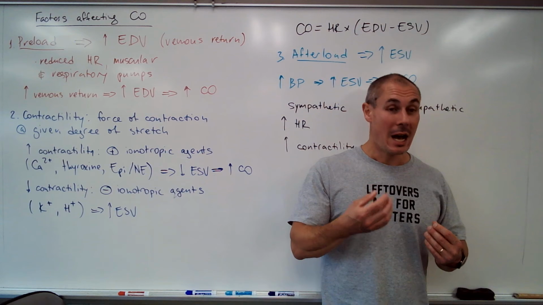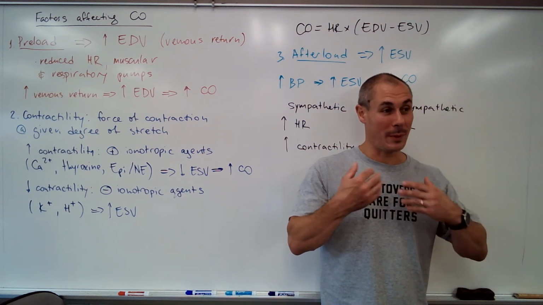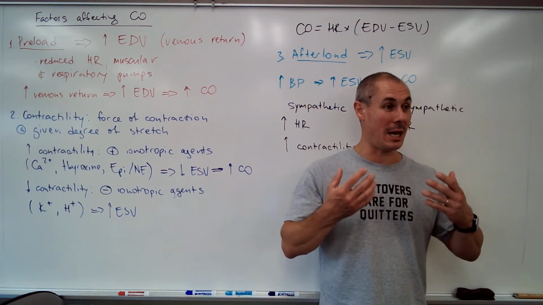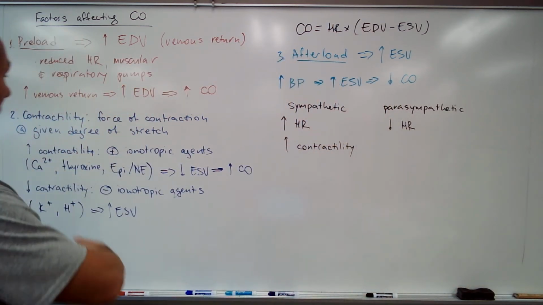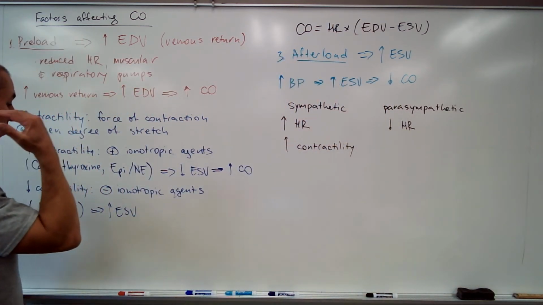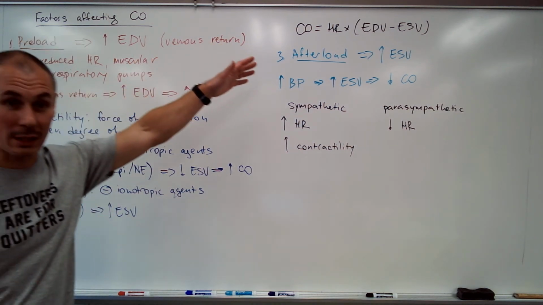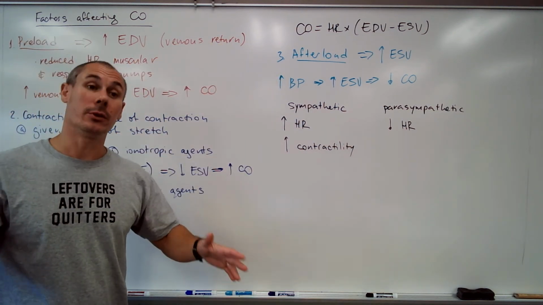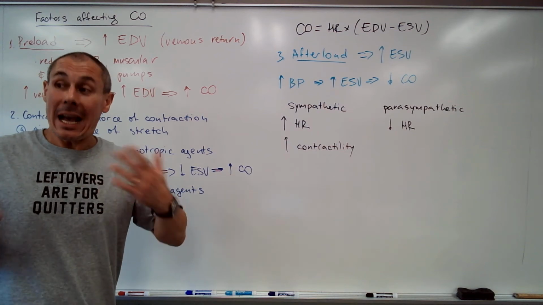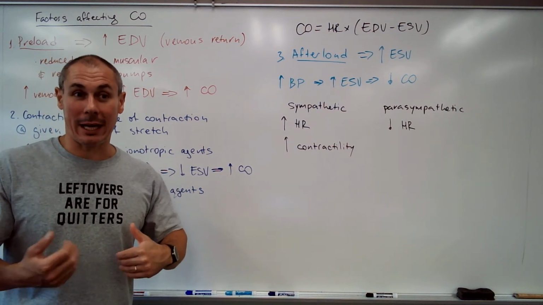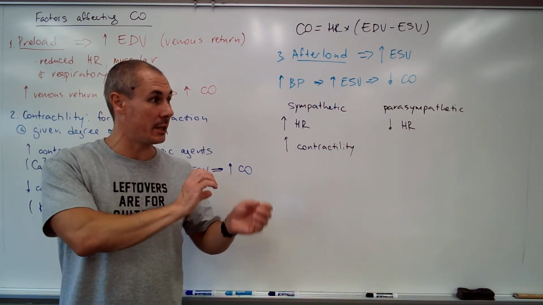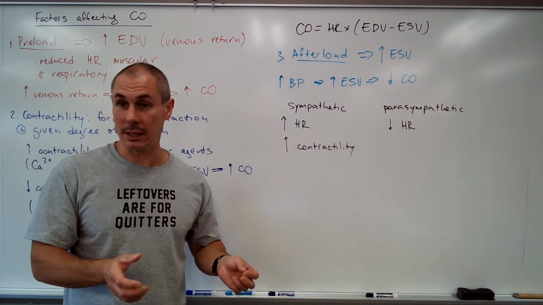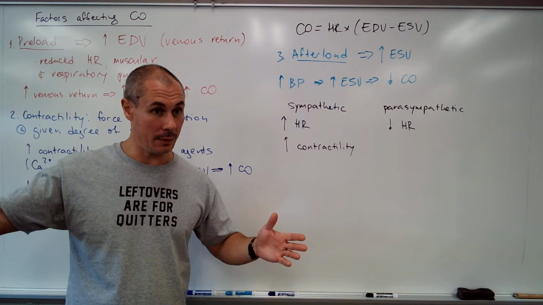Does that make sense? I kind of put myself in a difficult position, because I start with straightforward: decreased contractility, higher ESV, lower cardiac output. But then I tell you it's actually not going to be a lower cardiac output in the long term, because it will be compensated. But in the short term, yes, it's going to change. Does that make sense? But then it will be compensated.